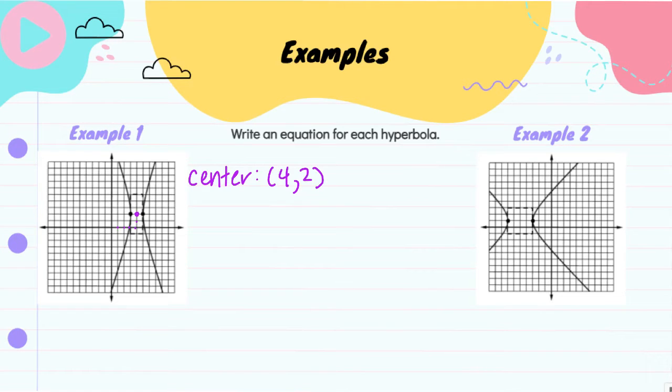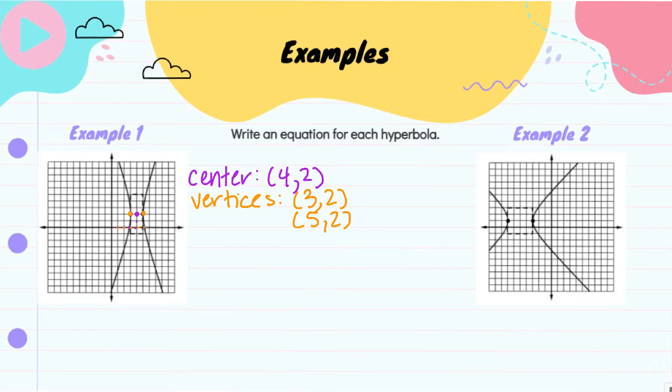Now we need to figure out the vertices, or the vertex points. So we have a vertex that's noted here, 1, 2, 3, 1, 2. And then we have another vertex point, (5, 2). So those are our two vertices. And what's really important here is the distance from the center to the vertices, which is a distance of 1 unit.